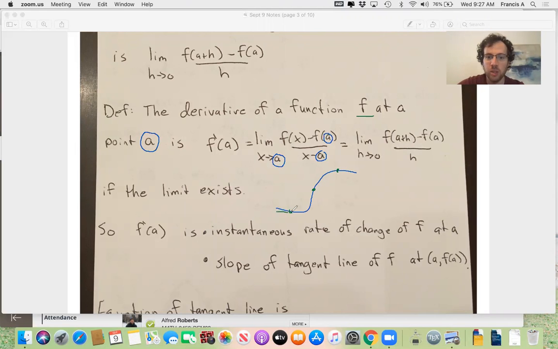Here, the slope is going down a little bit. Here, the slope is really steep. Here, it's also going down a little bit. So the value of the derivative depends on which point you pick, because if you pick different points along a curve, they have different tangent lines with different slopes, and the slope you get depends on where you picked the point.